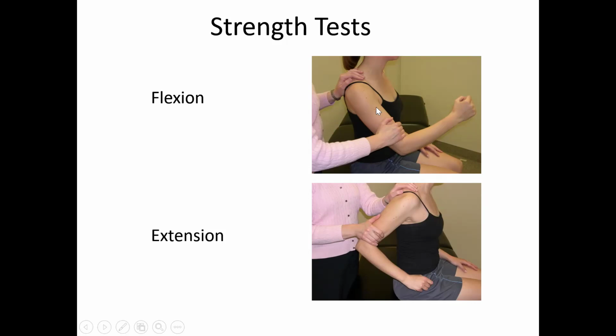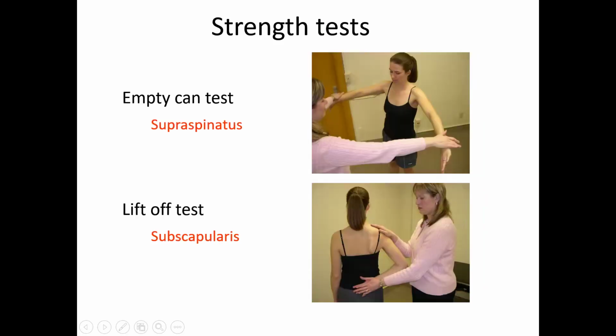Therapist will try to bring that humerus back to that neutral position, and the patient will try to bring it forward up to the 90 degree. Similarly, in the extension, the therapist will try to bring it back to neutral position, जबकि patient कोशिश करेगा या करेगी to bring it in that posterior direction. So that is actually the flexion and extension strength of the anterior and posterior deltoid.